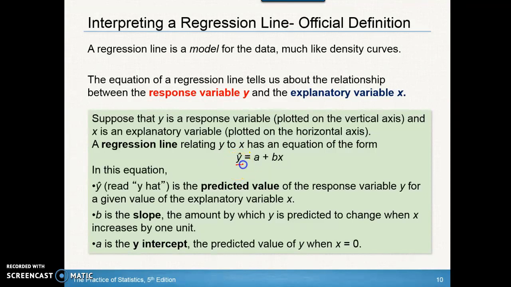You need to include that hat. a is your y-intercept and b is your slope. Keep in mind, once again, that hat actually means predicted. So it's the predicted y value. This y-intercept is the predicted y-intercept, and your slope is the amount of change predicted in y for one change in x.